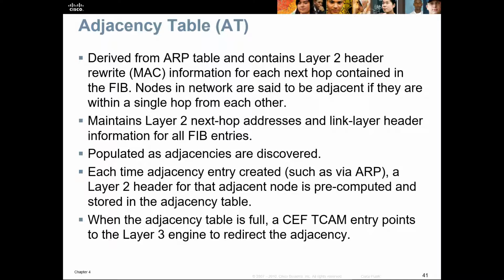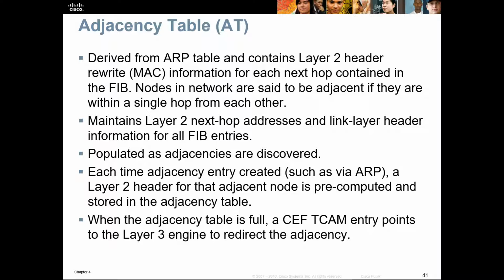Our adjacency tables are derived from our ARP tables and contain Layer 2 header rewrites of the MAC address information for each of the next hops, maintaining Layer 2 next hop addresses and link layer headers for all of our FIB entries.